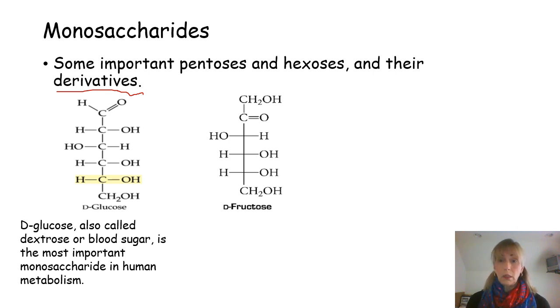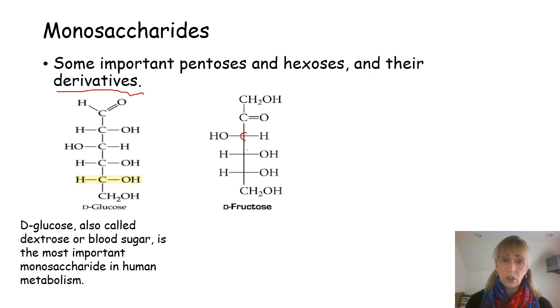And here we have D-fructose. Let's classify it. We notice that it is a ketose. How many carbons? 1, 2, 3, 4, 5, 6. Some of the structures, where the lines cross here, you have to understand there's a carbon here.